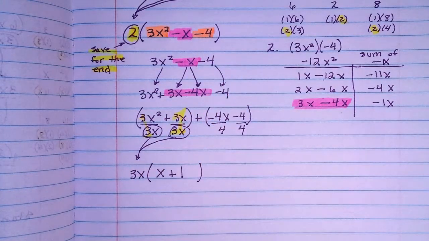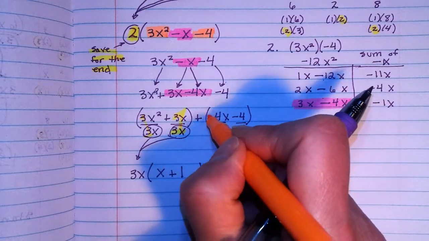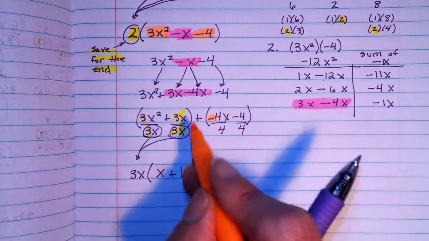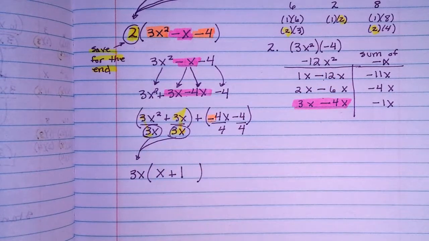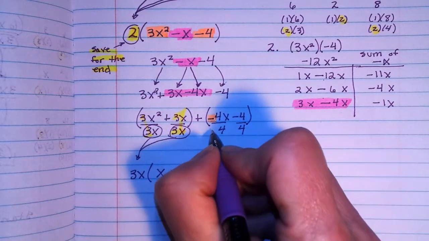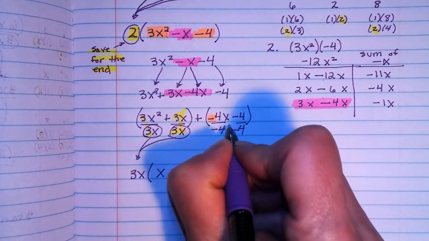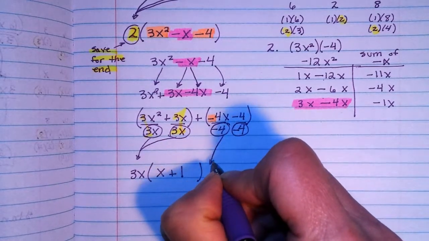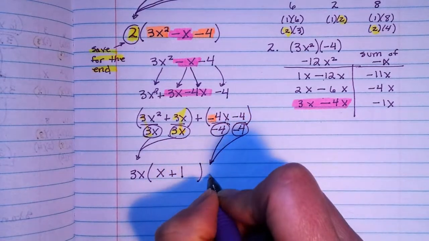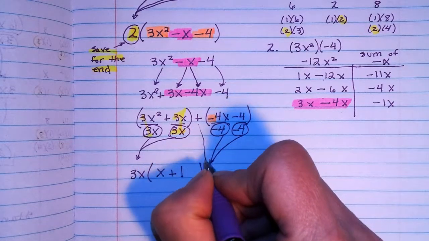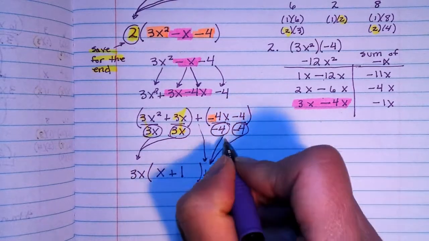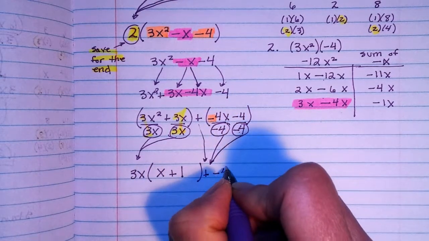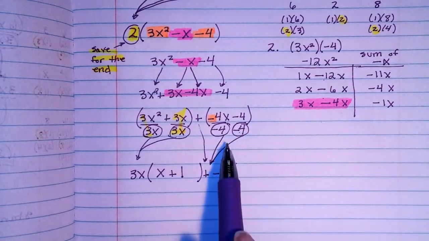But I'm going to warn you, when the first term in the second group is negative, that means we're going to factor out a negative. So this negative 4 is going to come here. Like in the last one before, I did a plus. Now I'm going to do a minus 4, and then I'm going to divide.